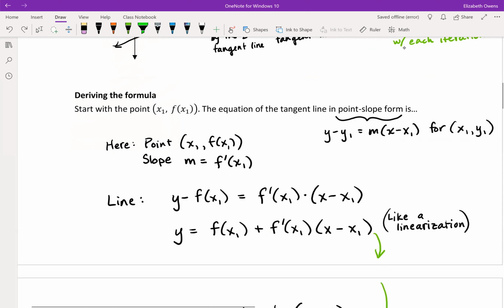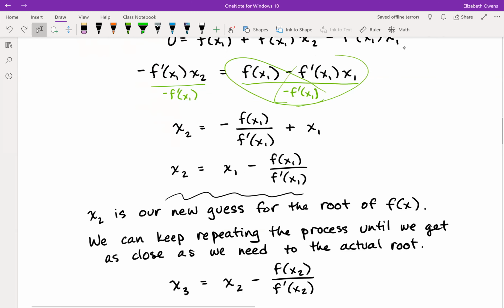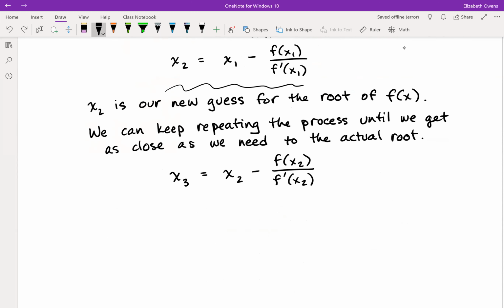So you do the same process again, just with x3 instead of x2, and you're finding x4. So that'd be x3 minus f of x3 over f prime x3. And then you could do that process again and again and again. You just move that subscript, it's called the index, up by 1 each time.